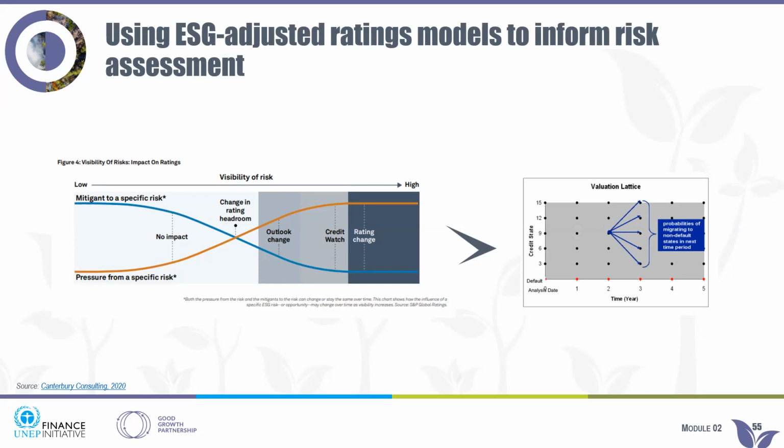For instance, the example on this slide describes the methodology used by S&P for the inclusion of ESG criteria. So it's not just limited to deforestation, it includes many more environmental, social, and governance-based aspects as well. But the methodology is essentially the same if you just look at deforestation.